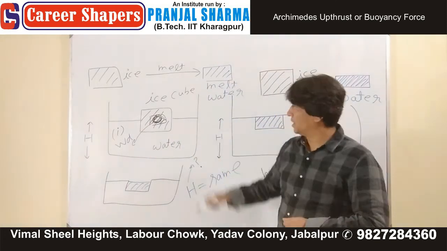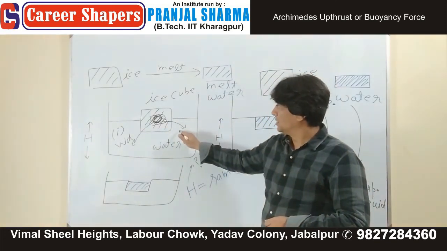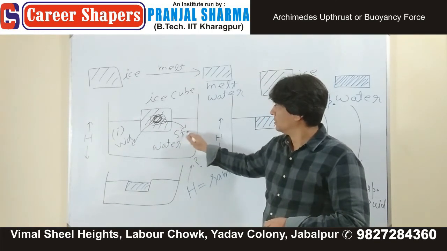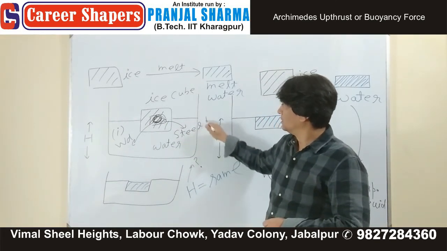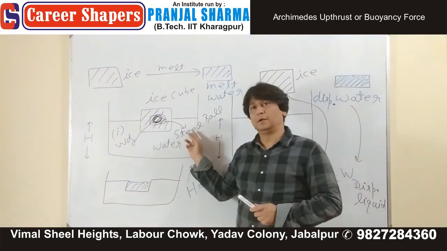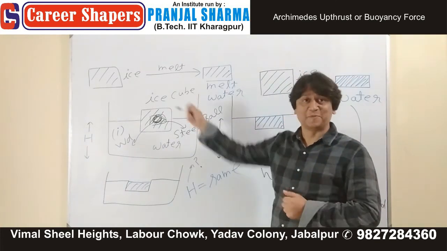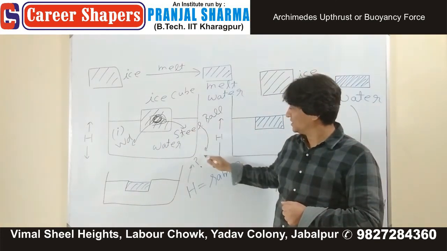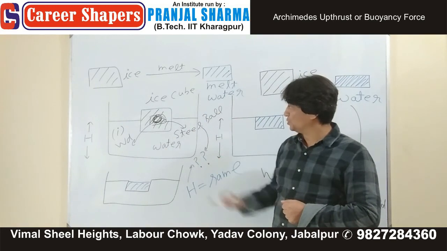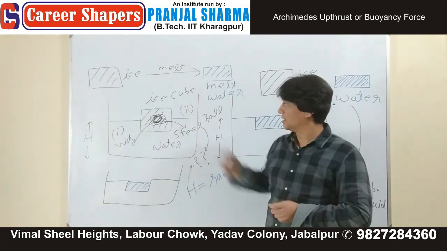In the second part, this is a steel ball. Steel. Now when ice melts, what happens to water level? This is your second homework.